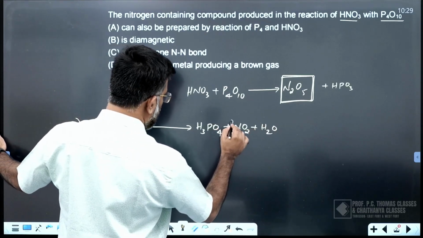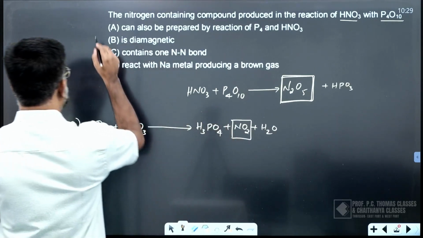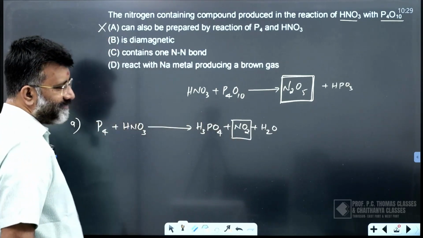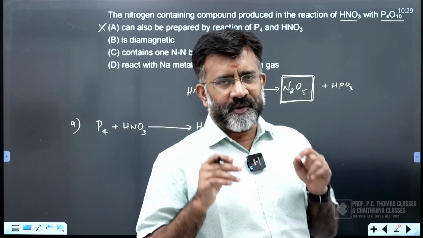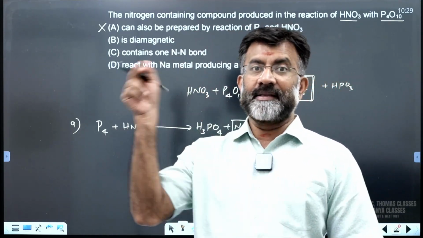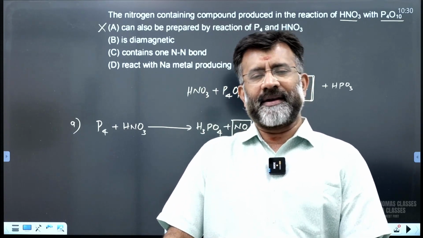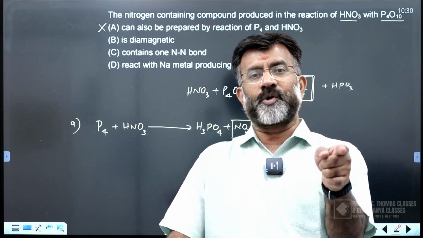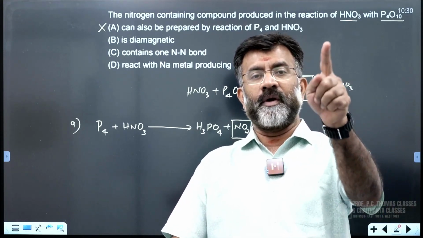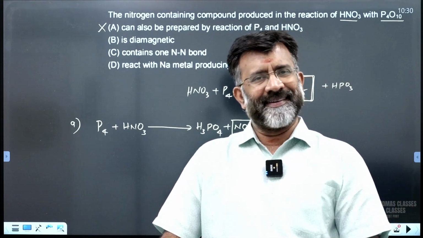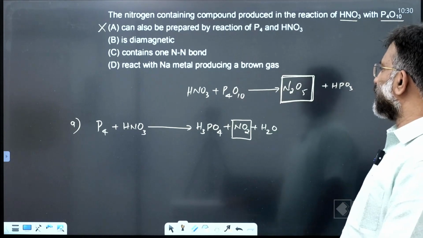So here you are getting nitrogen dioxide. So option A is wrong. N2O5 is not obtained by that reaction. You get H3PO4 and NO2; nitric acid is reduced to nitrogen dioxide. Right? So the first choice is wrong.